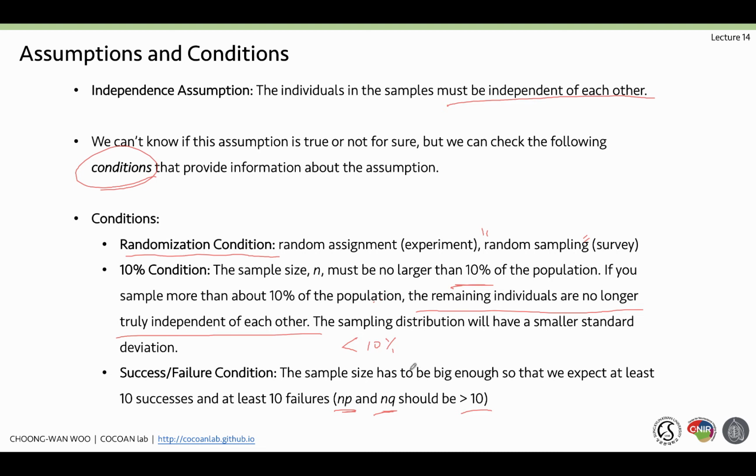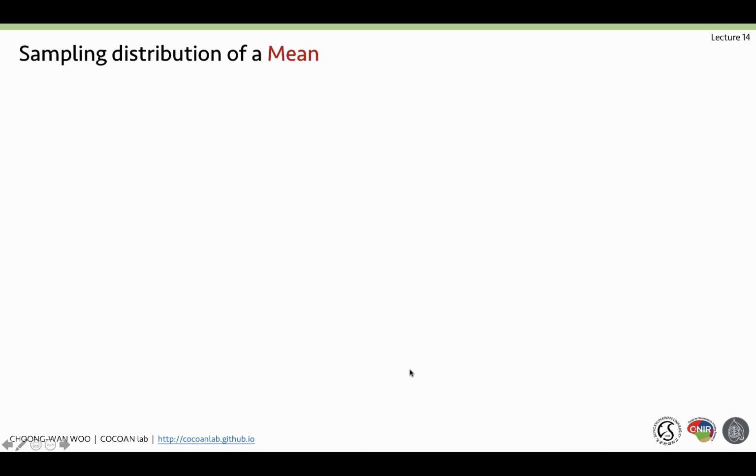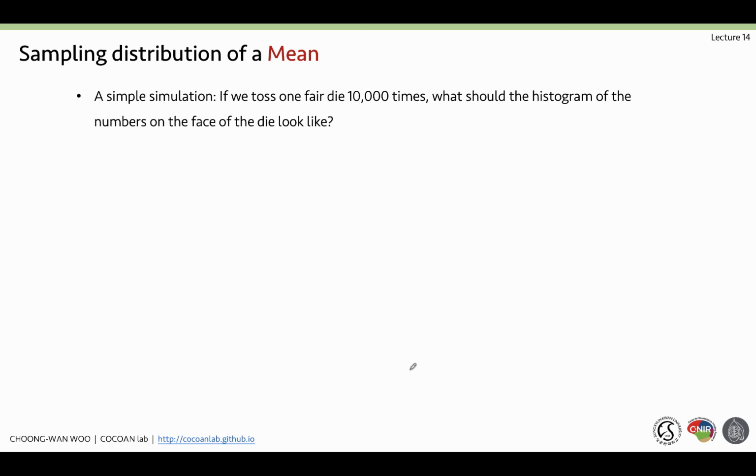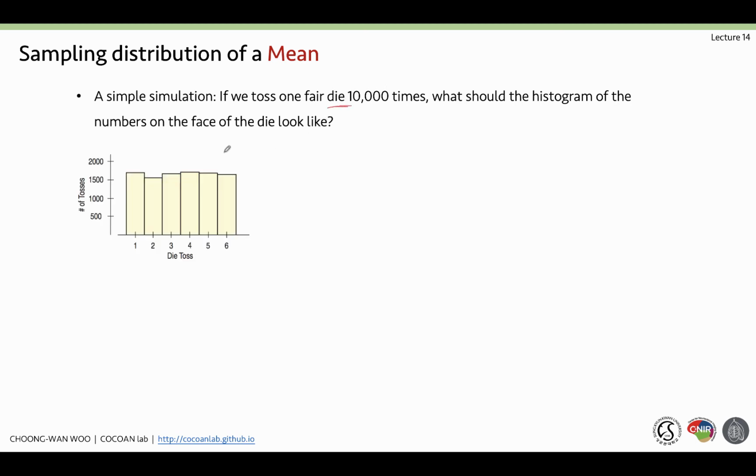And I wanted to show the sampling distribution of a mean as well, to give you a sense of how the mean is different from a proportion. Actually, they are quite similar. There's a simple simulation that the textbook provides. If we toss one fair die, 10,000 times, what should the histogram of the numbers on the face of the die look like?